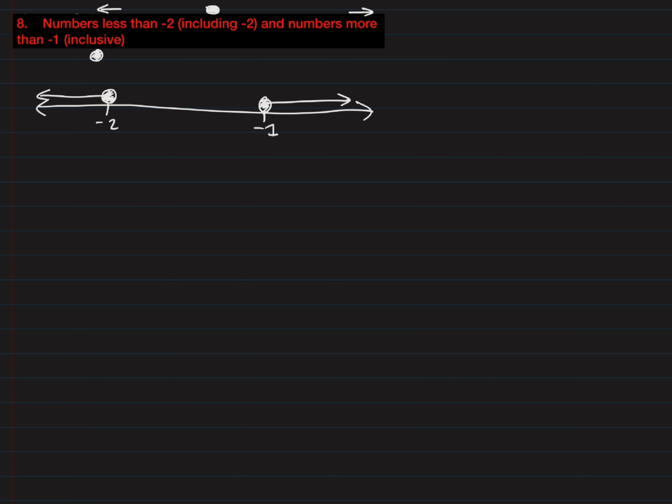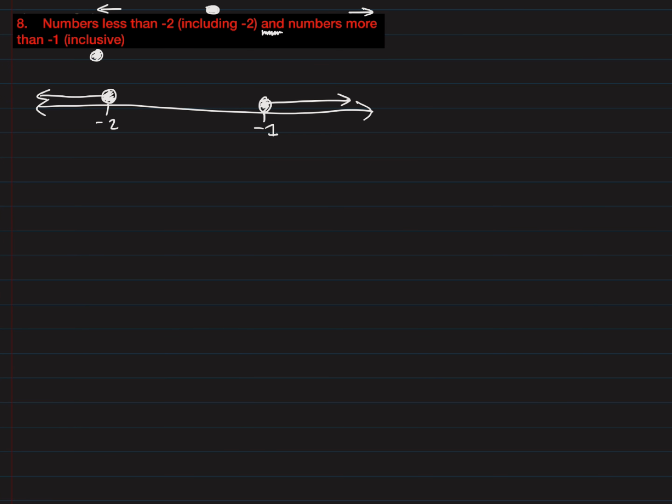However, as you can see, we have an AND operator, which means that both of these statements must be true. And if we look at this interval, or if we look at this number line, we can see that there's no overlap or there's no range where there's a number that's less than -2 and is greater than -1.